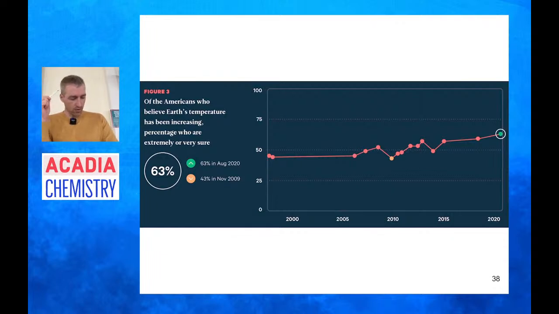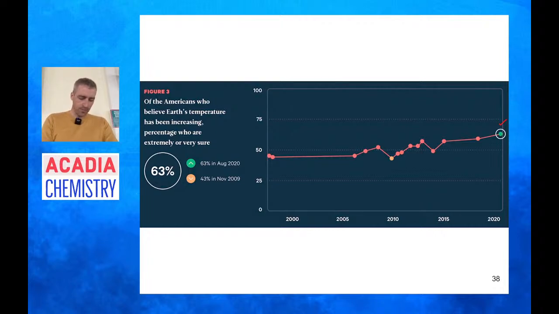This is another poll looking all the way up to 2020. So this one was more recently done. And what we can actually see is that in the US, there's been a big shift in public perception around climate change. Not as big maybe as you might hope.